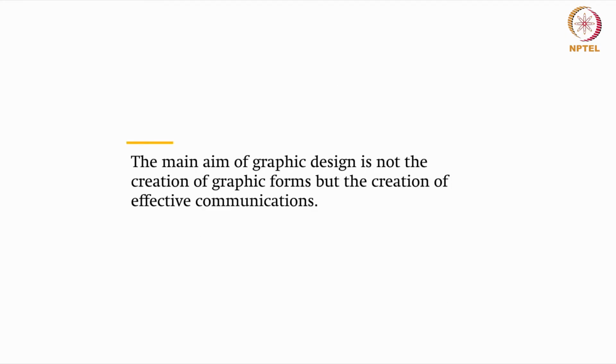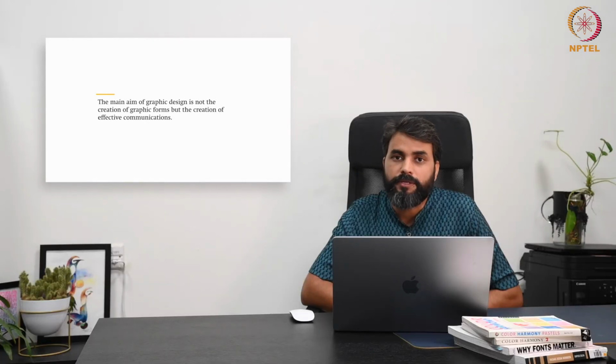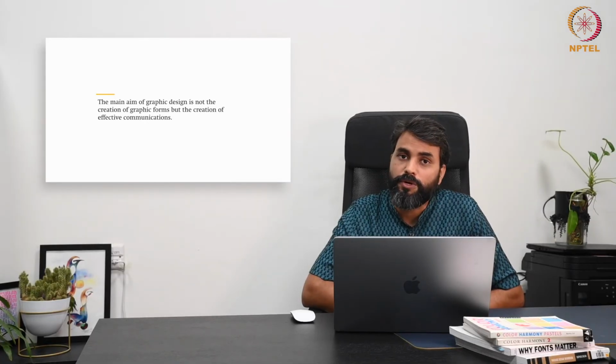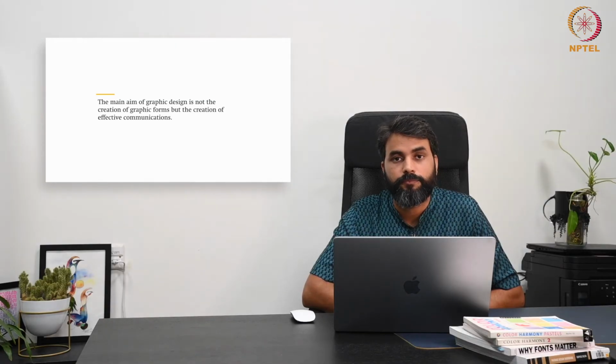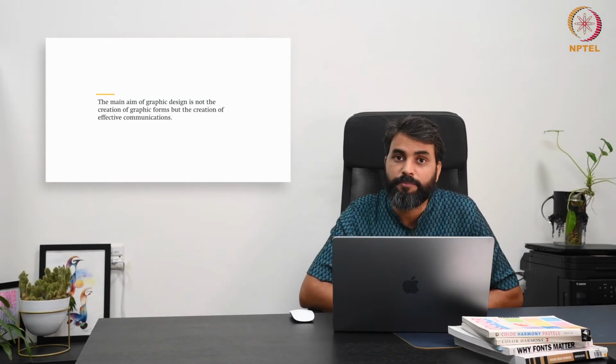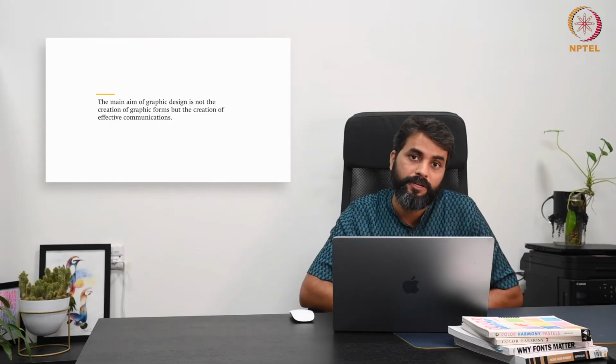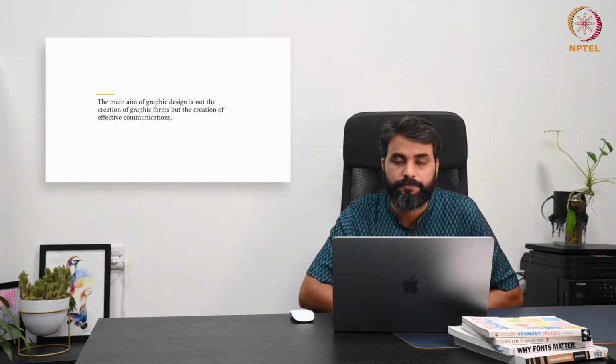Also, you must remember that the main aim of graphic design is not the creation of graphic forms, but the creation of effective communications. That means it should not be only pleasing to your eyes, but it should also work as an effective means to communicate what has been intended to communicate with the user.